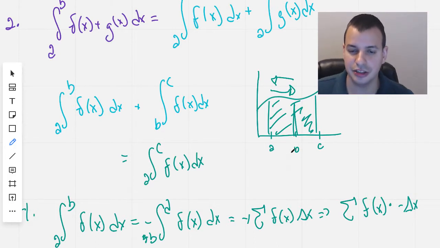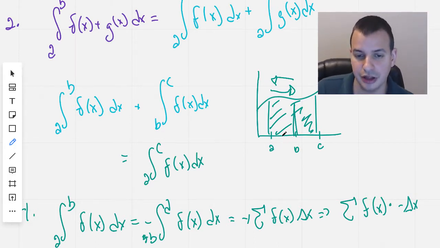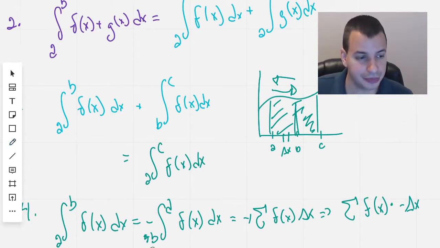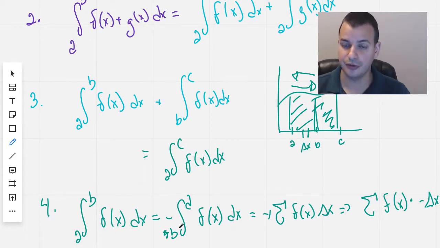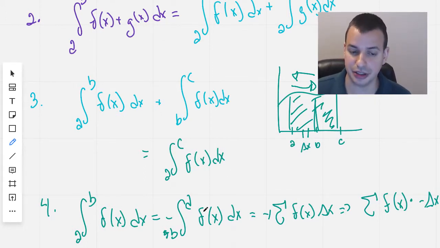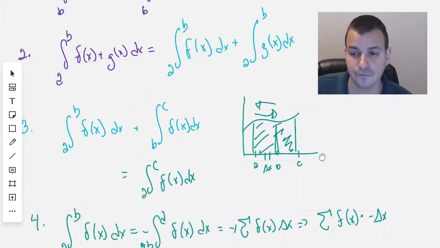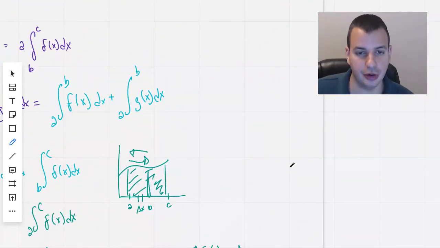And it's like, okay, if we're doing negative this little delta x here, it seems reasonable to make it backwards. So if you reverse the limits of integration, the a and the b, then it's going to be negative. You flip the sign to go in the opposite direction. Seems kind of reasonable.